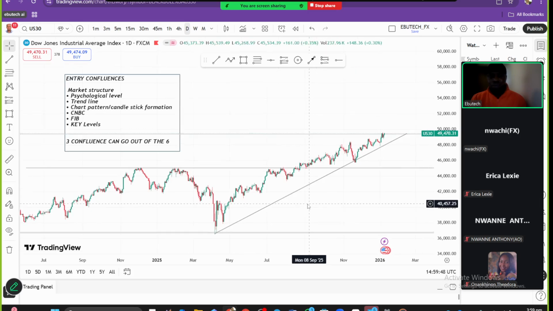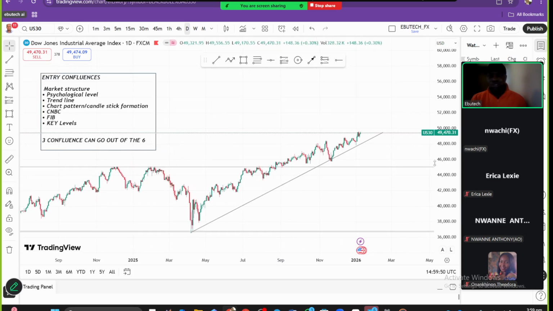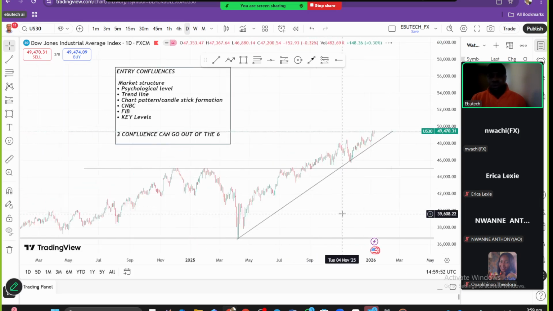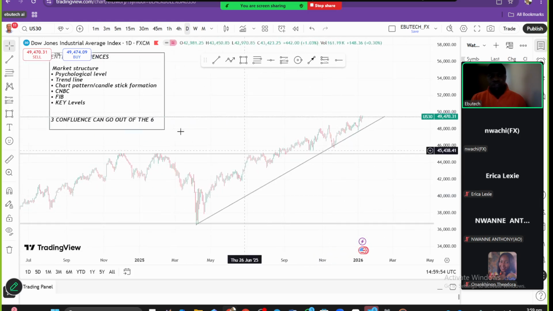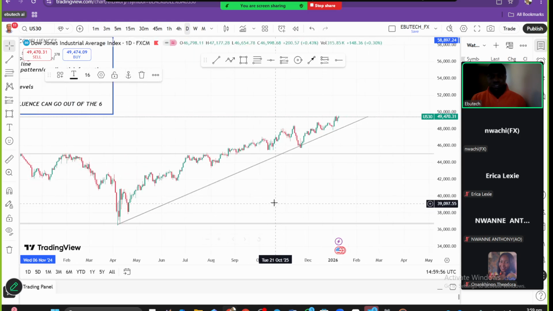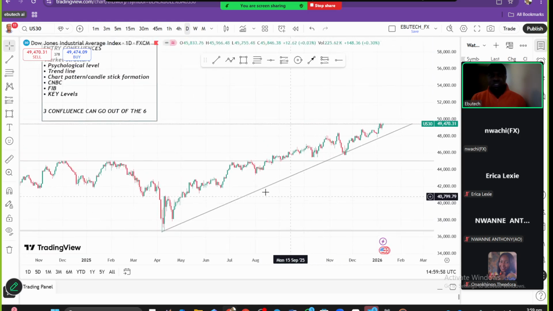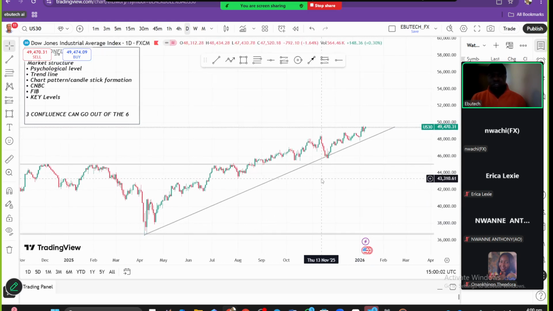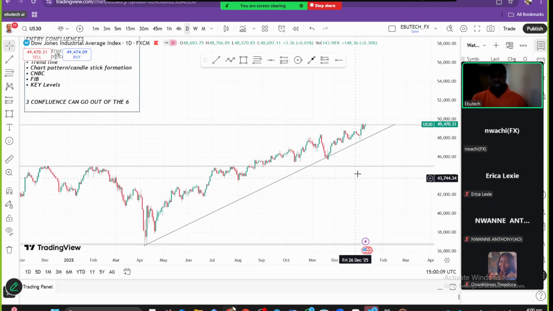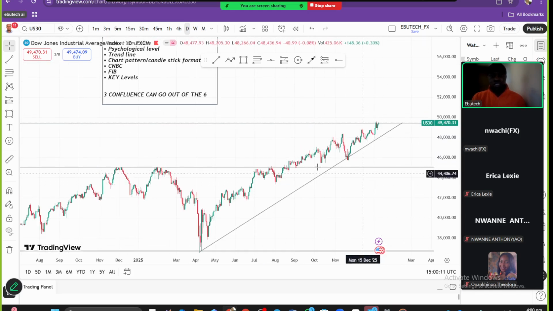It is very simple. It's not difficult. We have marked out our zones, right? As you guys can see, the trend line is still there. So now this is the highest level.